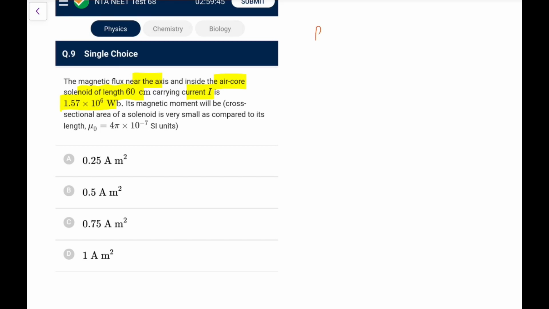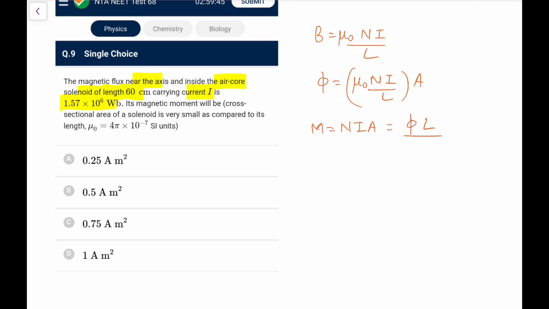So first of all, field inside you write as mu naught n i, mu naught N I by L, whatever you write. This is B. So what is the flux? Flux would be mu naught N I by L into A. A is the area of cross section that you write. Now what is magnetic moment? Magnetic moment is NIA. From there you can write it as phi L upon mu naught.